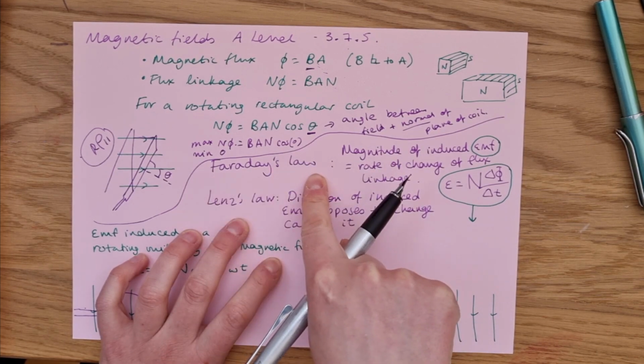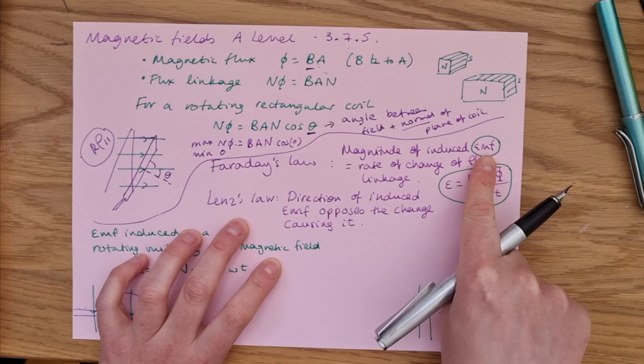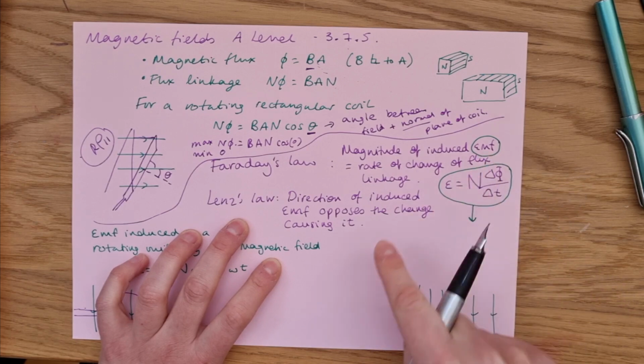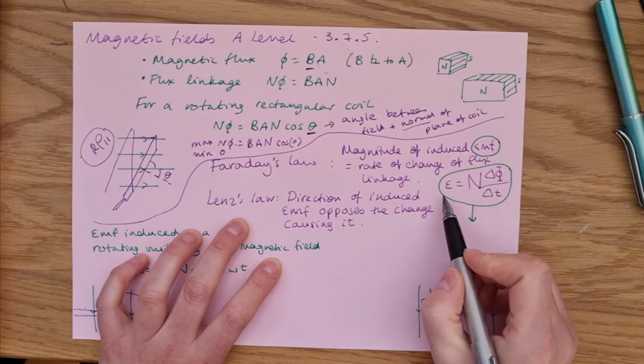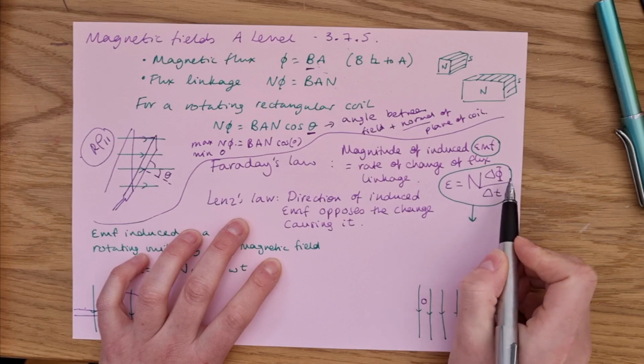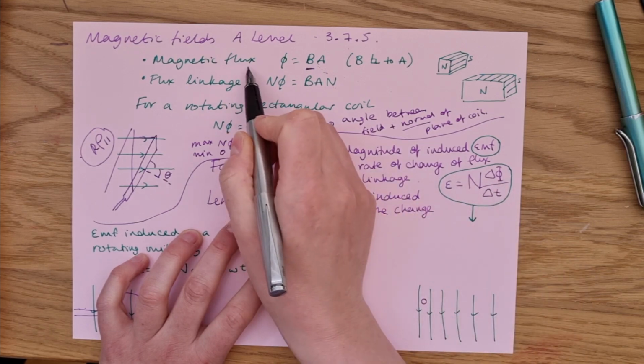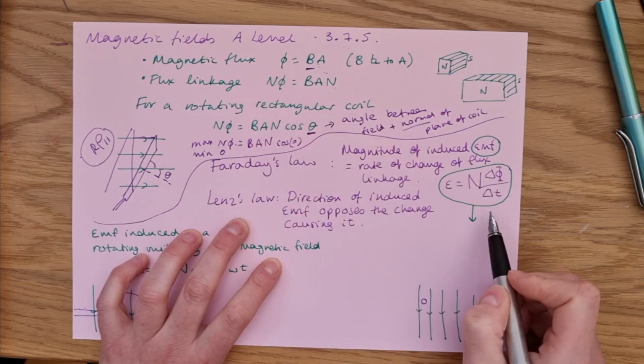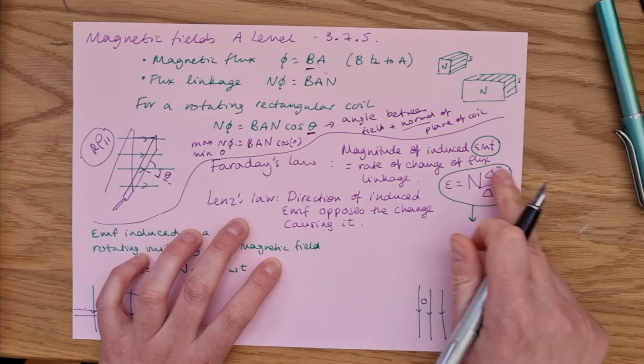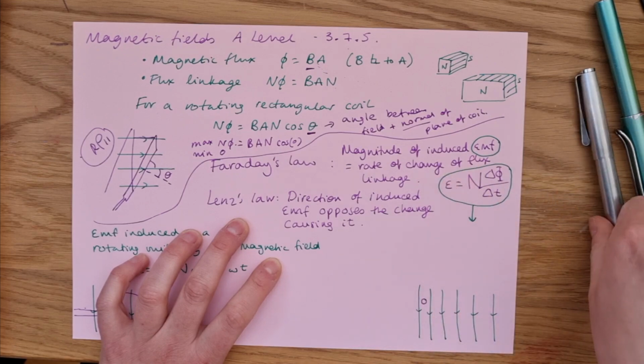So Faraday's law is the idea that the magnitude of the induced EMF is equal to the rate of change of flux linkage, given in this equation. EMF is change in NΦ, change in flux linkage, divided by the time taken to change. Now, this equation by itself is not particularly useful.